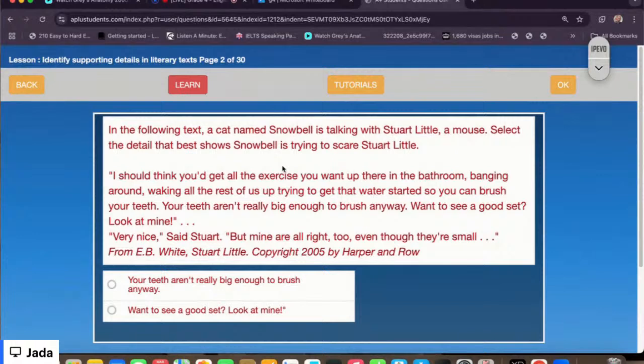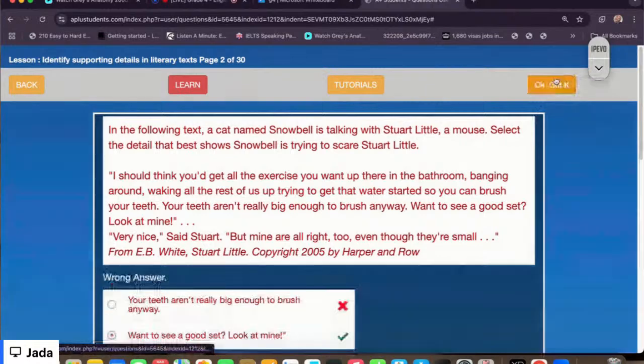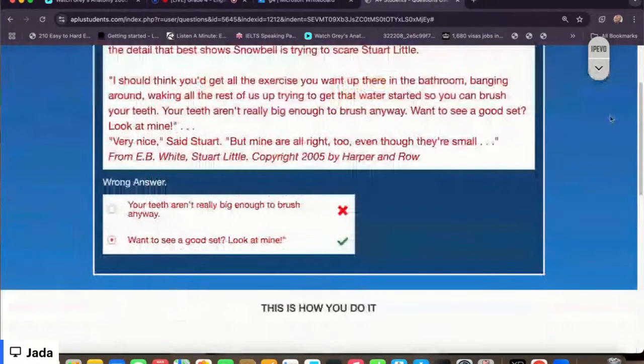Option one. Well, looking at this, it's actually option two.